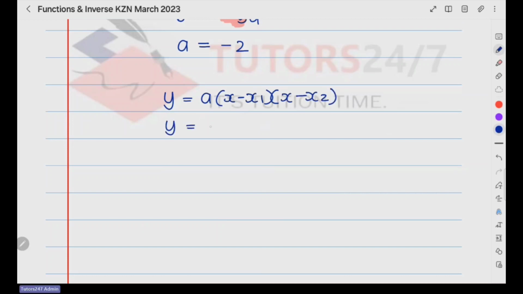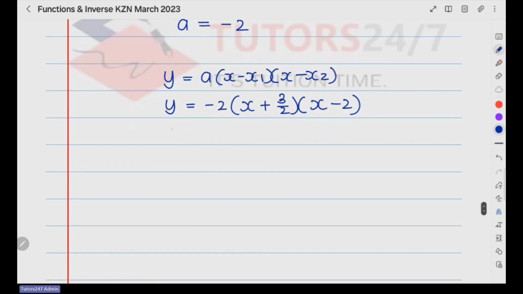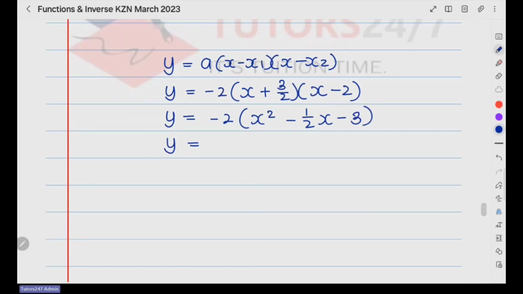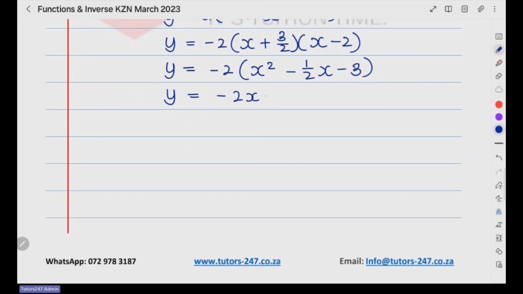And we substitute a as negative 2, we substitute x1, and we substitute x2. From here, we can simplify this into y is equal to negative 2 into x squared minus a half x minus 3. From here, we can distribute negative 2 into the bracket, and we get minus 2x squared plus x plus 6.